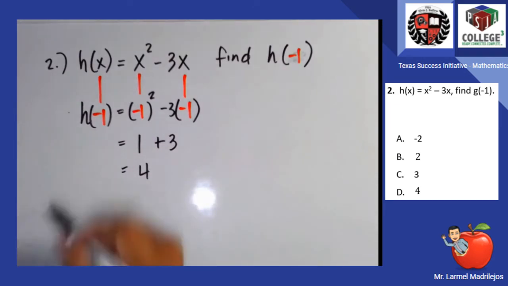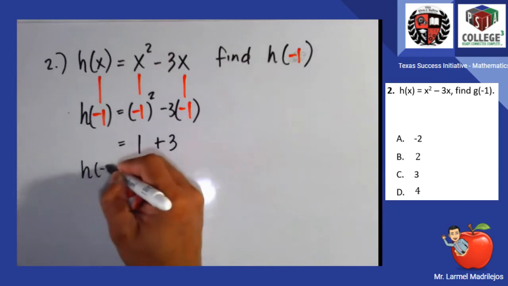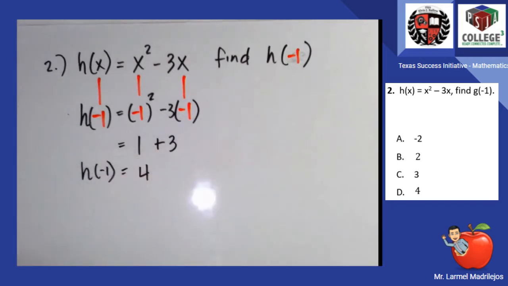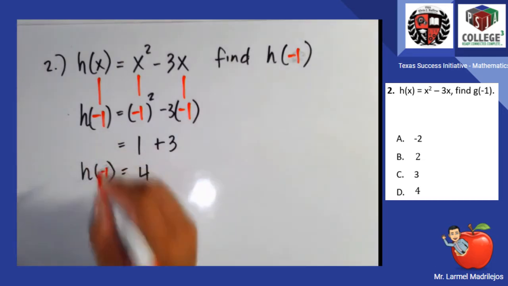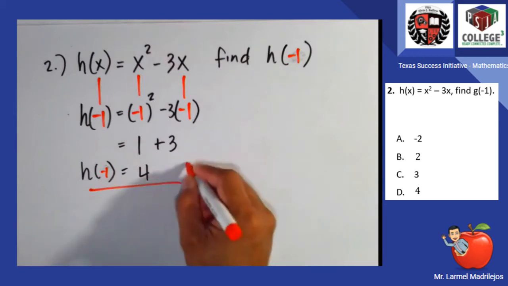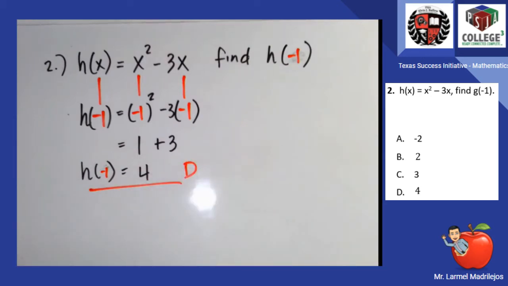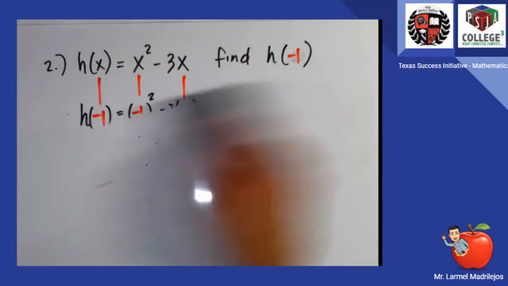So h of negative 1 is equals to 4, which is the answer is letter D.